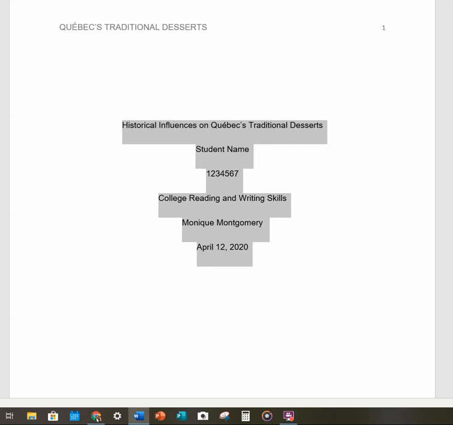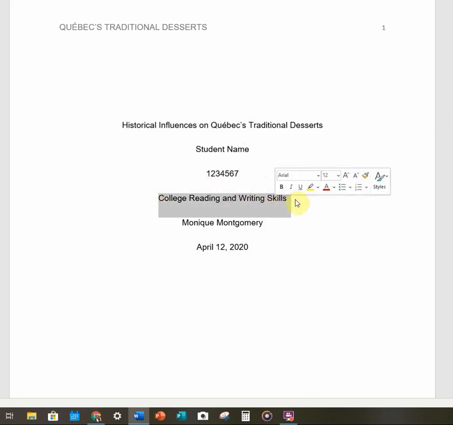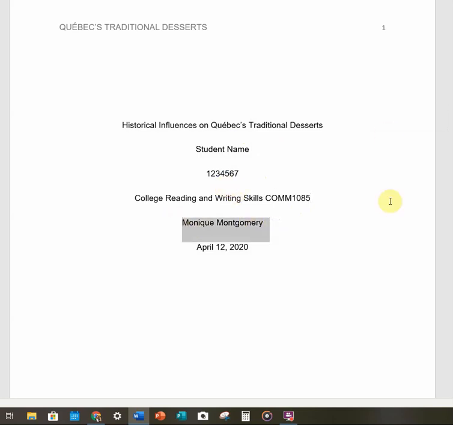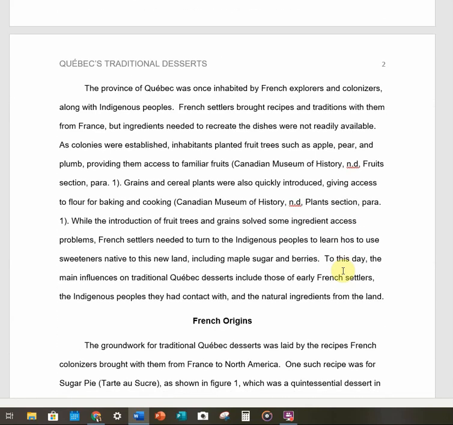This is where you can include your own title, your own name, your own student number, college reading and writing skills. You could also include COM 1085 there if you like. You don't have to, but you can. My name, if you want to make it clear, you can write Professor there and then the date that it's due. Okay? Very good. Now let's take a look at this paper.